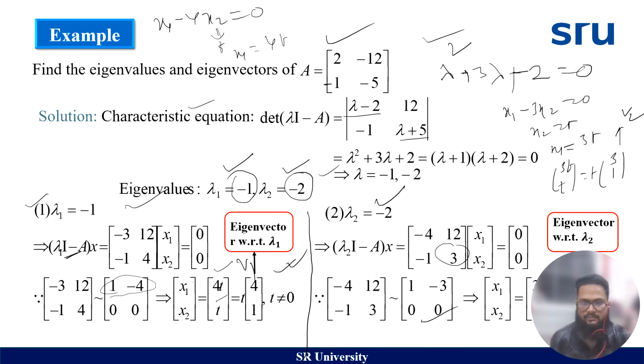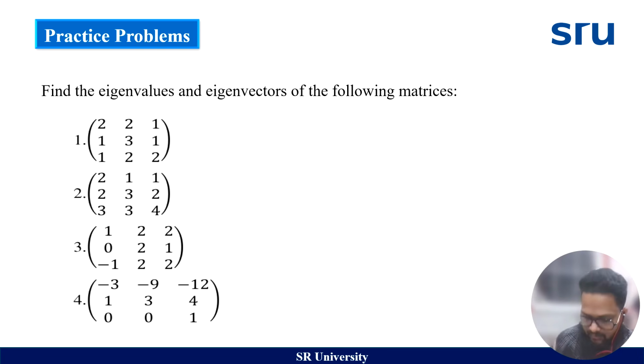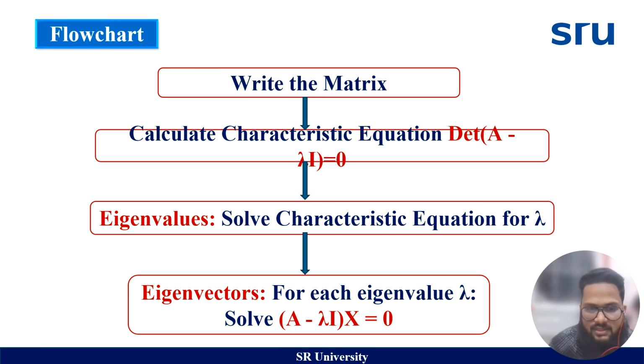So this was the concept of eigenvalues and eigenvectors. These are some examples you can try as homework. I'm also giving a flow chart you can follow: calculate the characteristic equation, solve it for lambda, then solve for x for each eigenvalue.